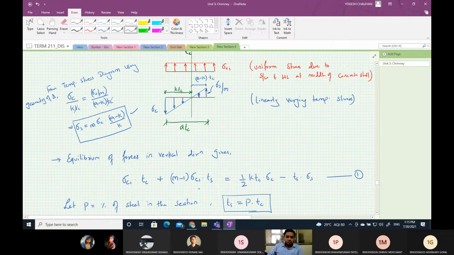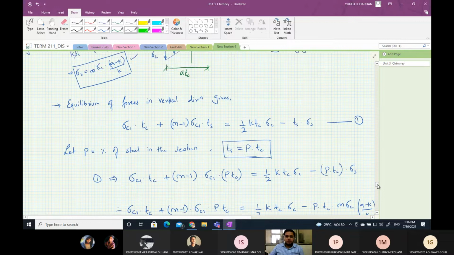So all these are compressive. Then this one is compressive, and this will be tensile. So plus 1 by 2 k times tc sigma c minus ts times sigma s.